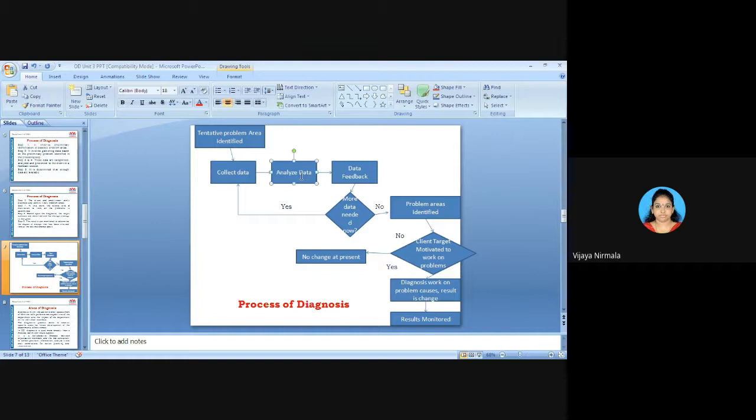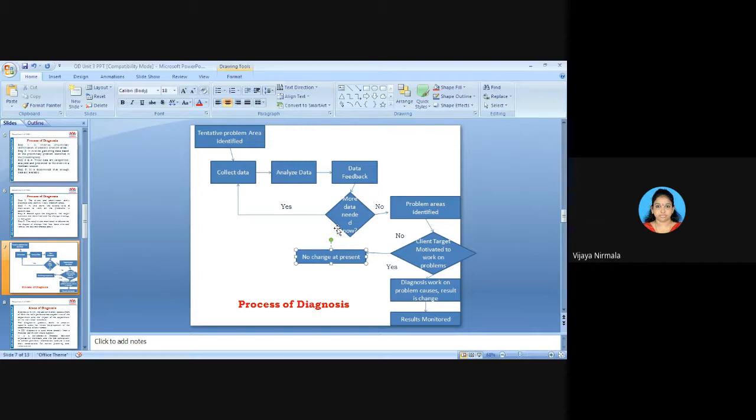Next, step 3 is analyzing the data. Step 4 is no change at present. So, when you collect the data in step 2, that data is categorized, and next it is analyzed and presented to the client in a feedback session.